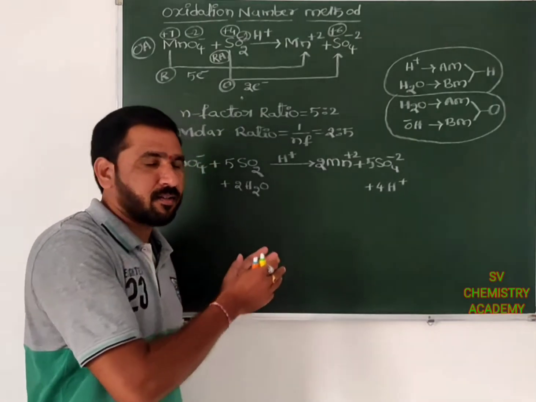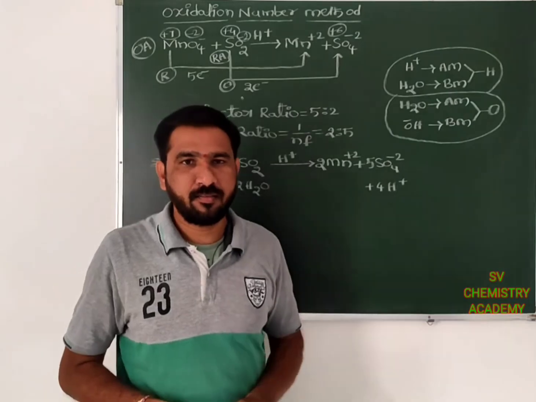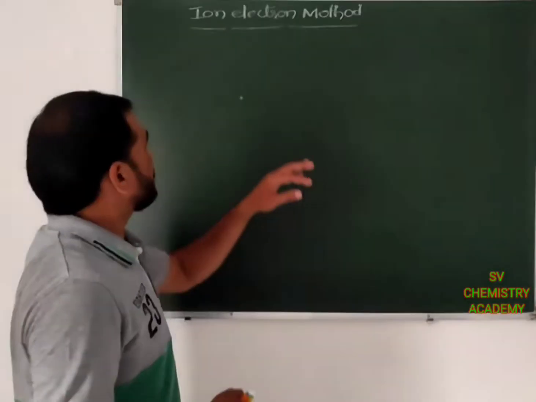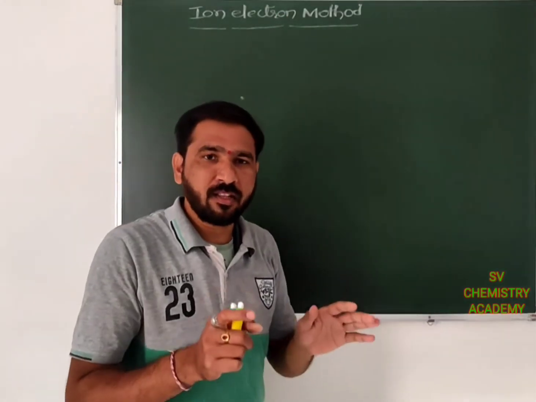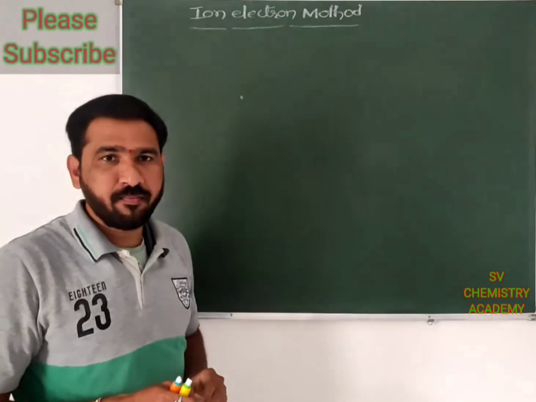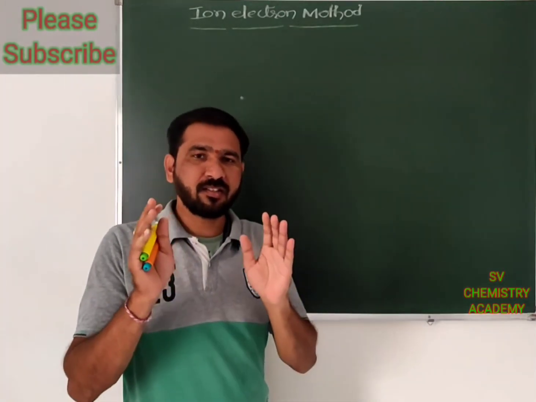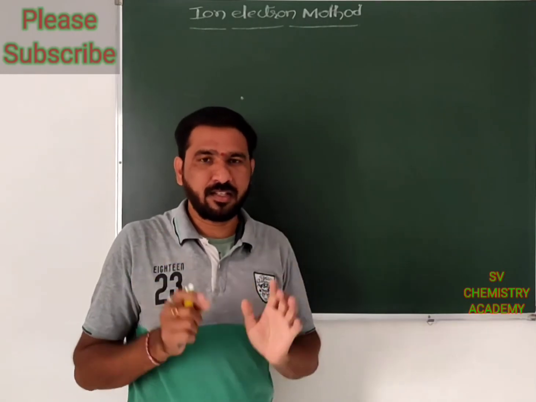Then let me discuss the ion electron method. This is a lengthy method. Even though I would like to teach it here, please concentrate on the oxidation number method, that is the EGS method.